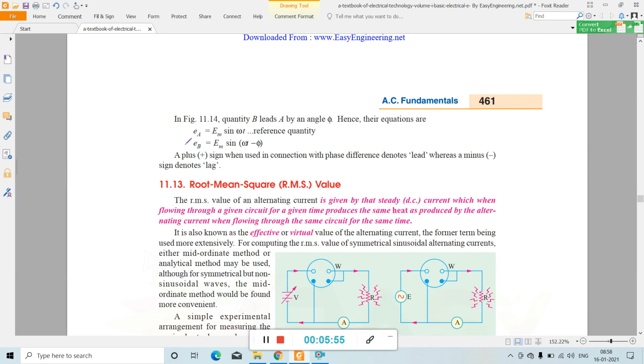If the reference quantity is EA equals EM sin omega t, then EB equals EM sin (omega t plus phi). A plus sign used with the phase difference denotes lead, whereas a minus sign denotes lag. Plus sign for a leading quantity, minus sign for a lagging quantity. This is your phase difference.